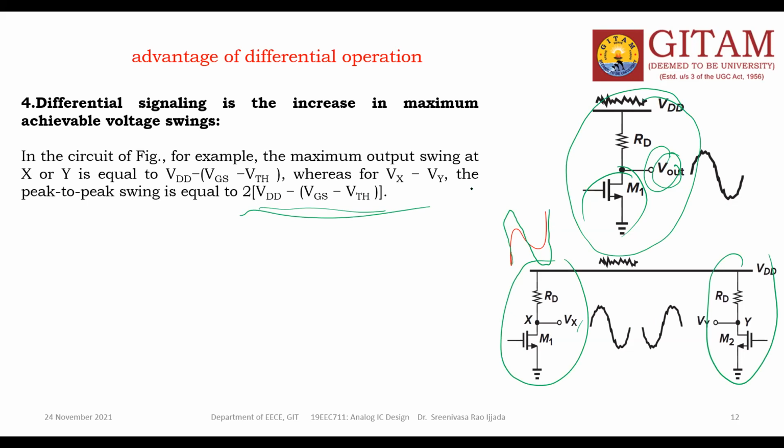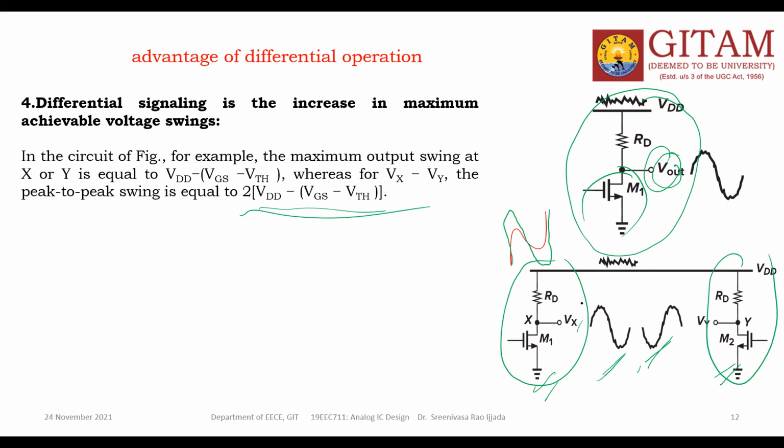Whenever you are adding or subtracting these two signals, how exactly you get twice that depends on these two factors. The concept here is that both are the same type of devices. Both may be CS, both may be CG, both may be source followers, and both have the same gm, transconductance.